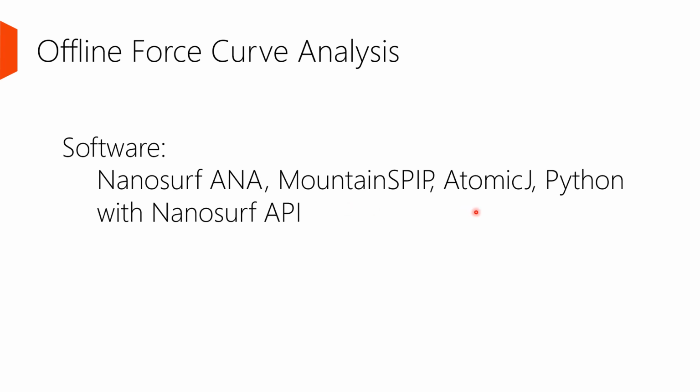We can also use the free software AtomicJ. Sometimes it's surprisingly good, so feel free to use it. And if we prefer a programming language that offers more degrees of freedom, we can also use Python. We have a NanoSurf API in Python, so it's totally up to you.